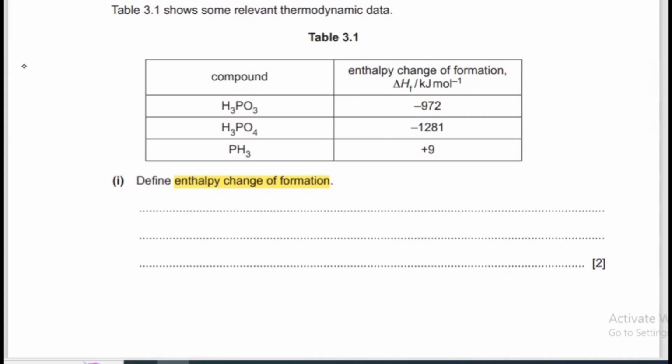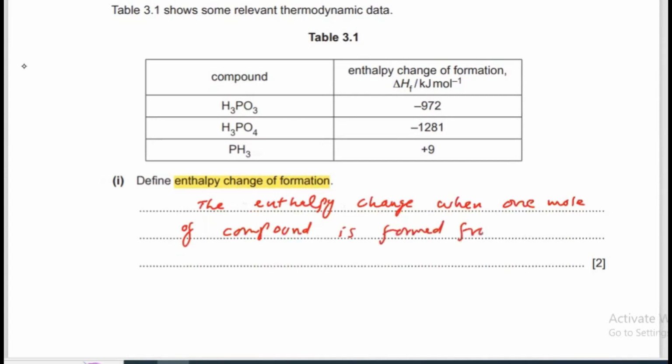Enthalpy change of formation is the enthalpy change when 1 mole of compound is formed from its constituent elements in their standard states.